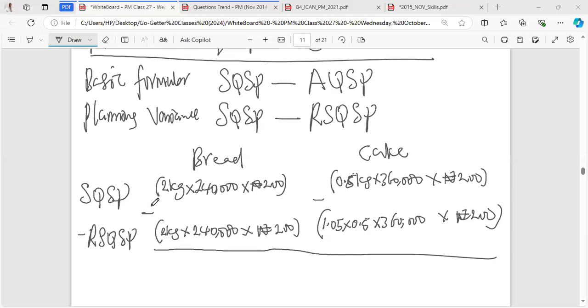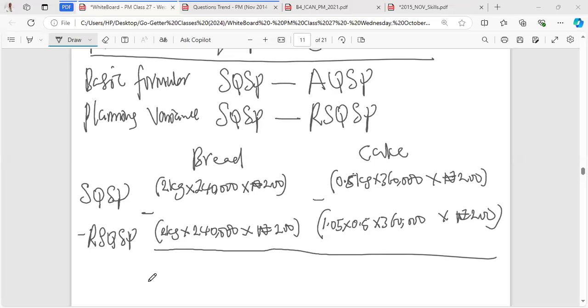That should be 2 times 240,000, which gives 480,000 kg. That is how we get standard quantity. You cannot go and use 2 times 490,000. No, that doesn't make any sense. 2 kg for 1 unit multiplied by 240,000 units gives you 480,000 kg standard. Then the actual, they used 490,000.